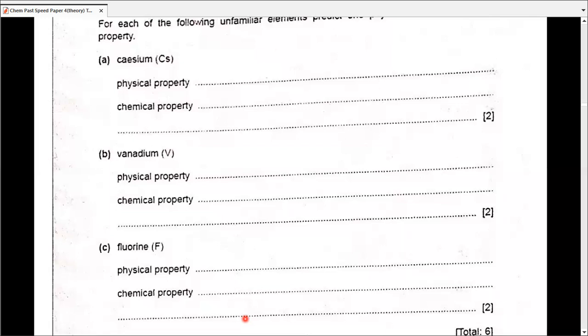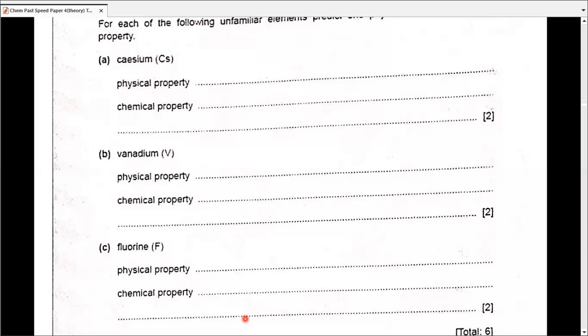The physical property of cesium: it has a low melting and boiling point. Very good.